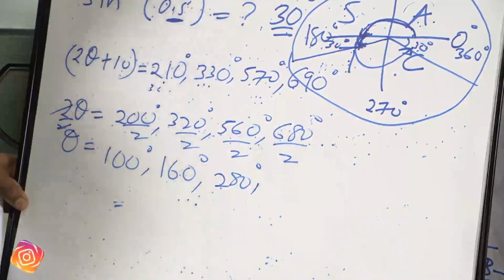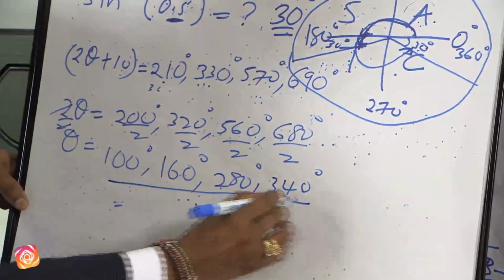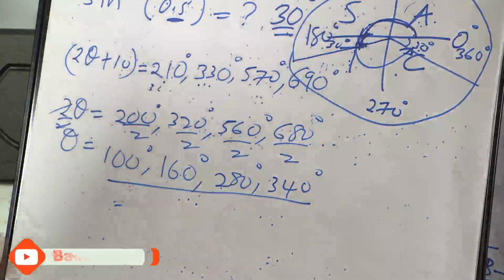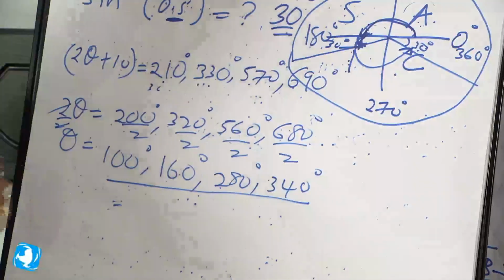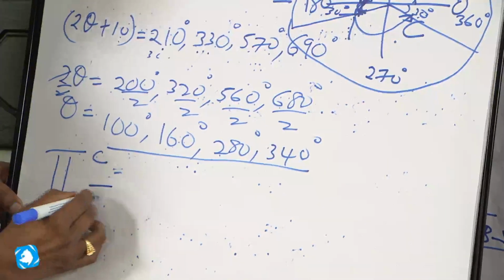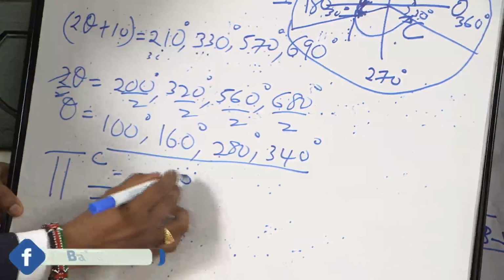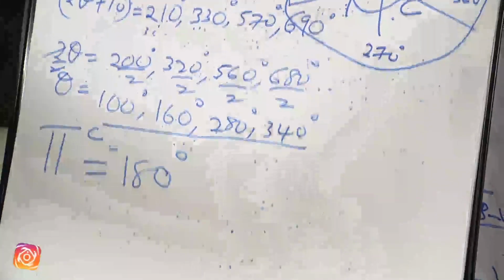And 2 into 680 is 340 degrees. These are the answers. But remember, we are told to write our answers in pi radians. Common rule in maths, 1 pi radian equals 180 degrees. When you move from 0 to 180 degrees, you've made a pi radian.